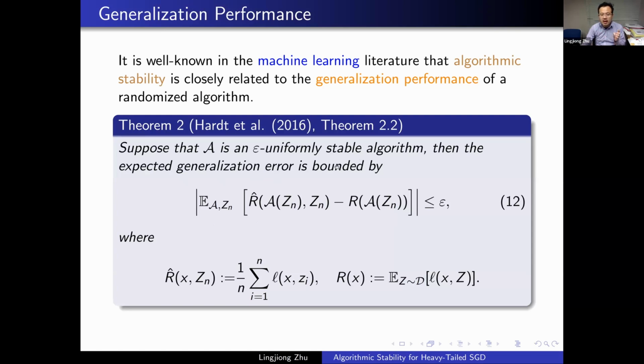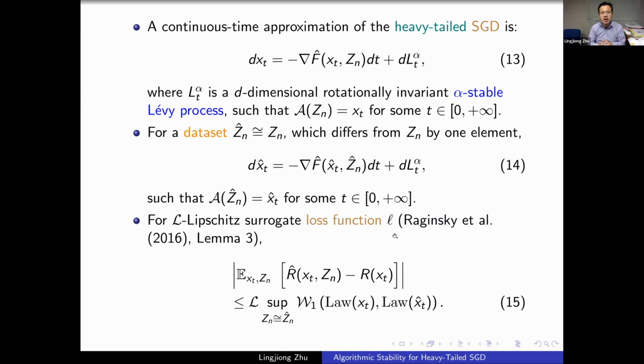In essence, if you can show that the algorithm is epsilon uniformly stable, then the expected generalization error is also upper bounded by the same epsilon. Here R hat is the empirical risk and R is the population risk. When you look at the difference and take expectation, that's the expected generalization error bound.